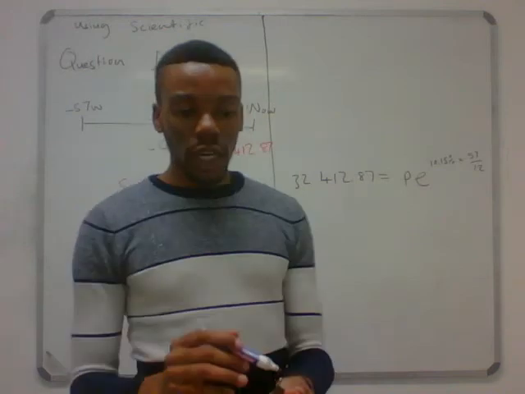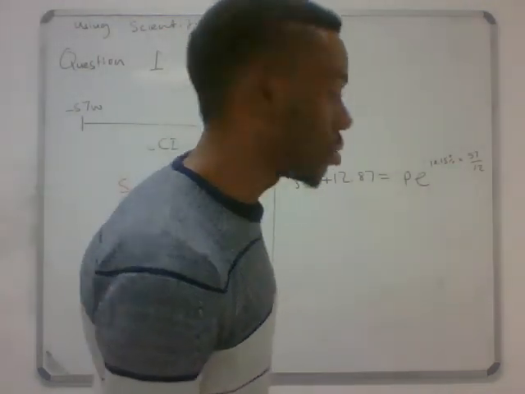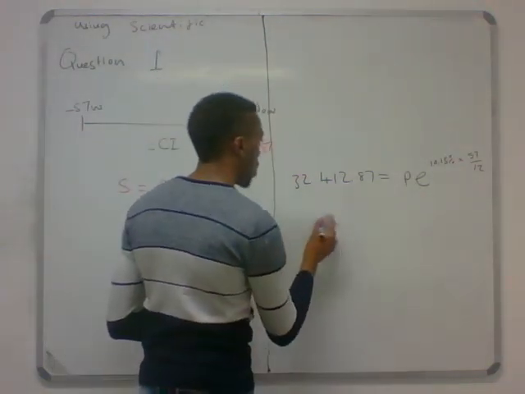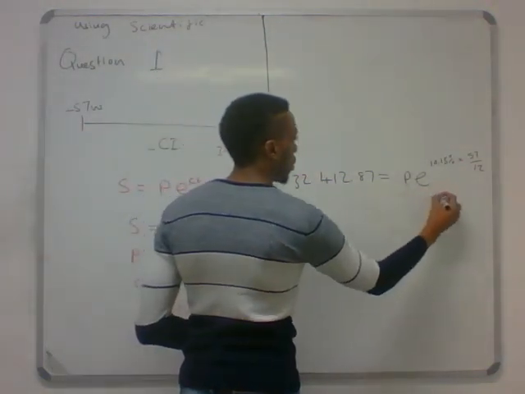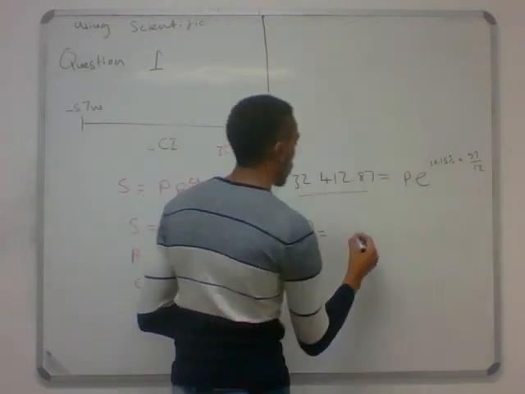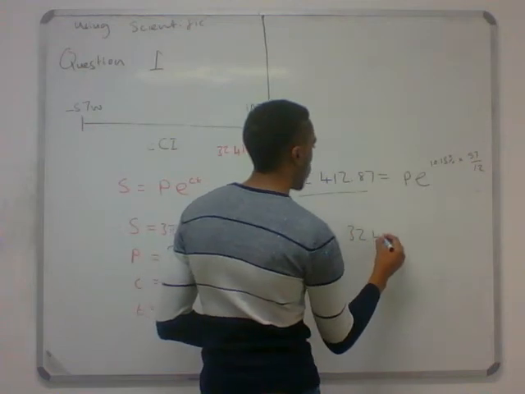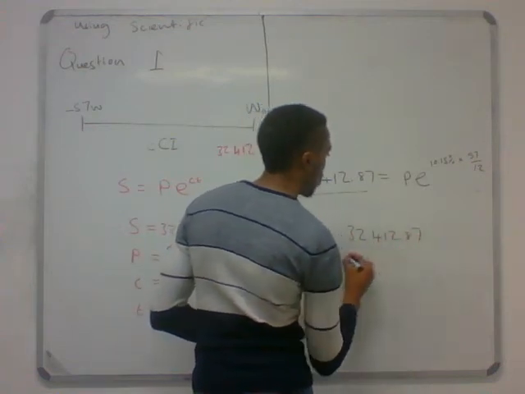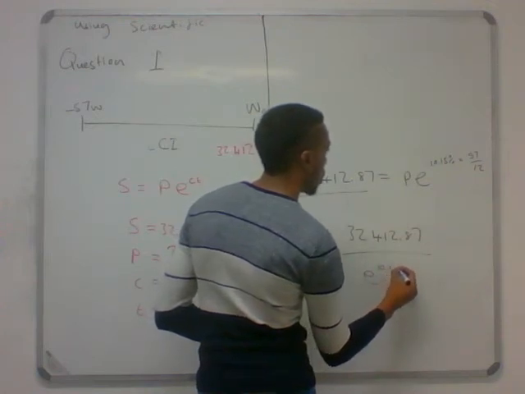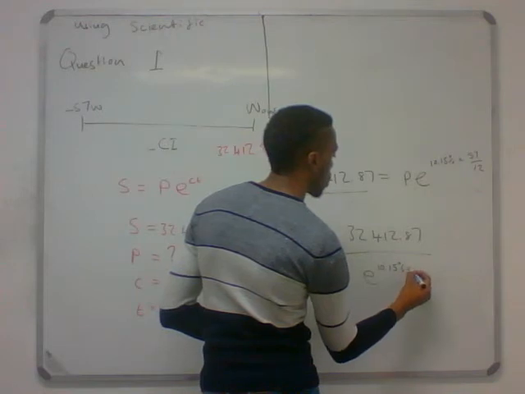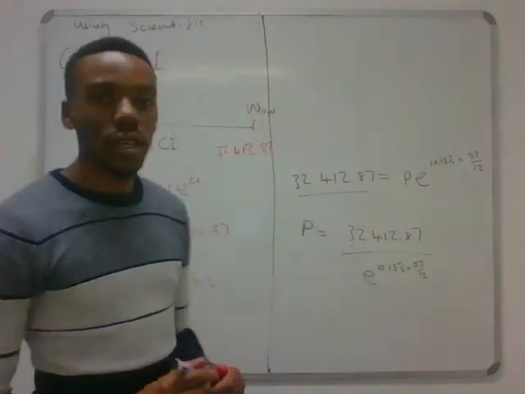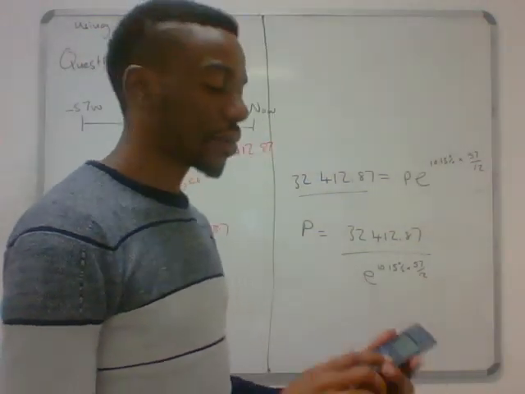To get P, we have to divide both sides by this term. So P is equal to 32,412.87 over e to the 10.15% times 57 over 12. If you have the right calculator, it can do that for you.